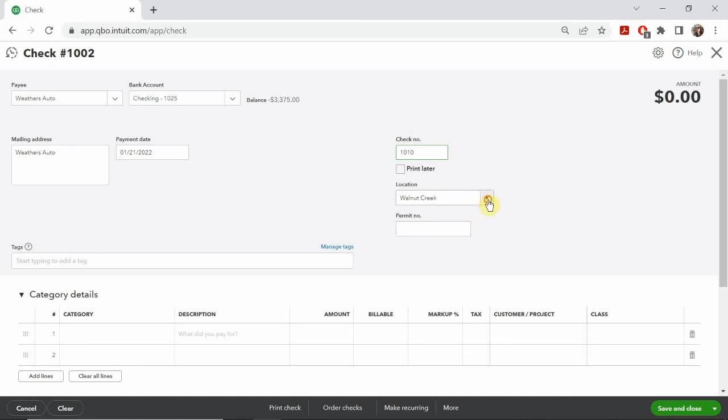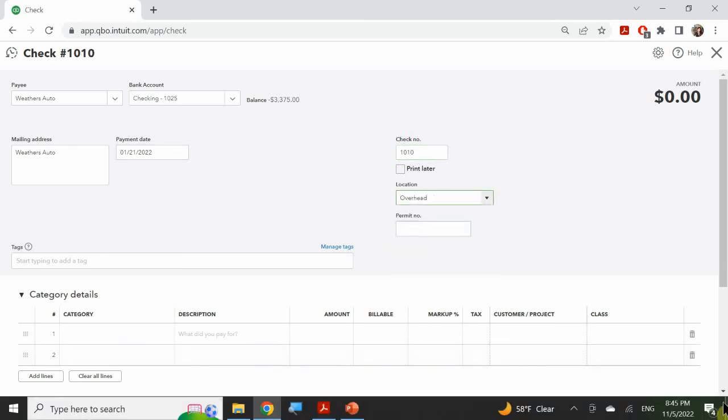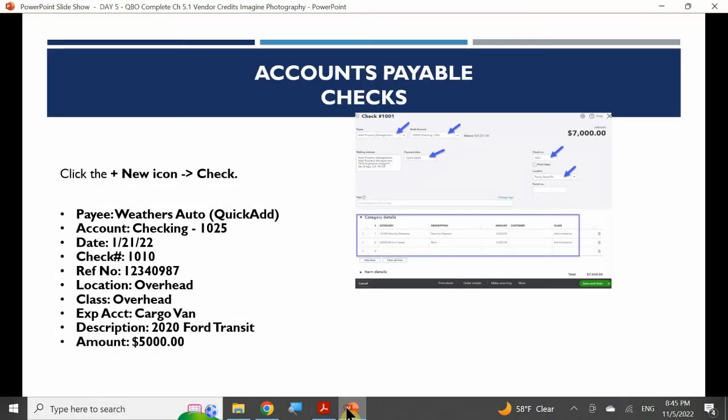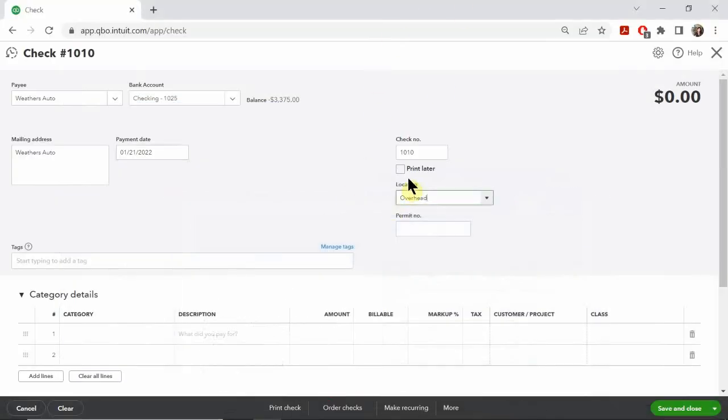For the location, obviously you're going to be buying the cargo van for usage for both stores, so overhead. We are going to put the reference number as 1234567. In this case, I don't have a reference number.